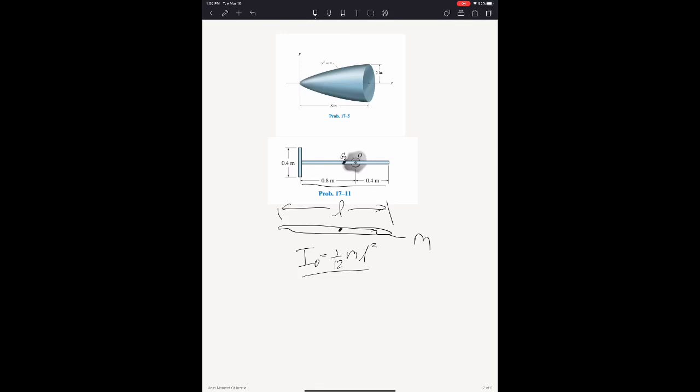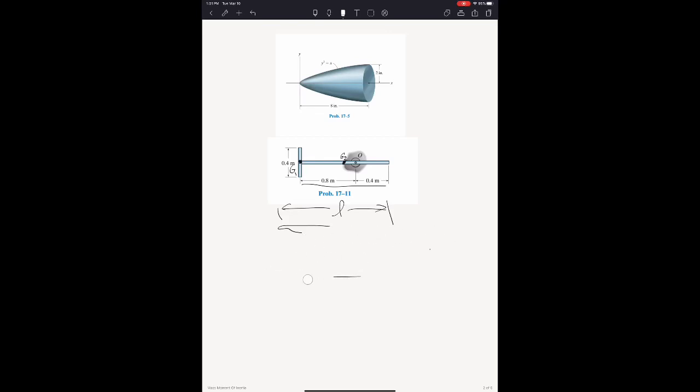And then the vertical rod here has a height of 0.4 meters and a center of mass right in its center. I'm going to call this G1. And this formula gives the moment of inertia of these two shapes about their center of mass. So I'll go ahead and label these shapes.